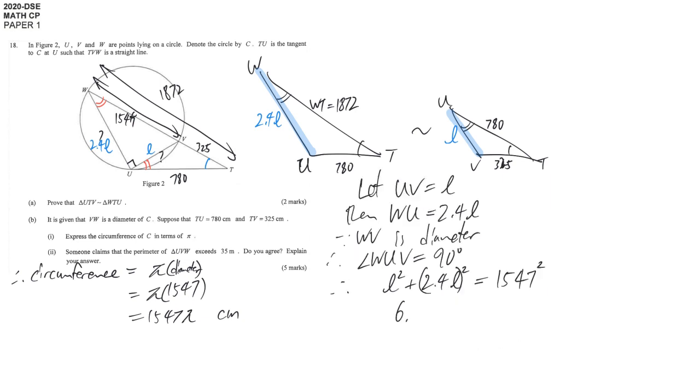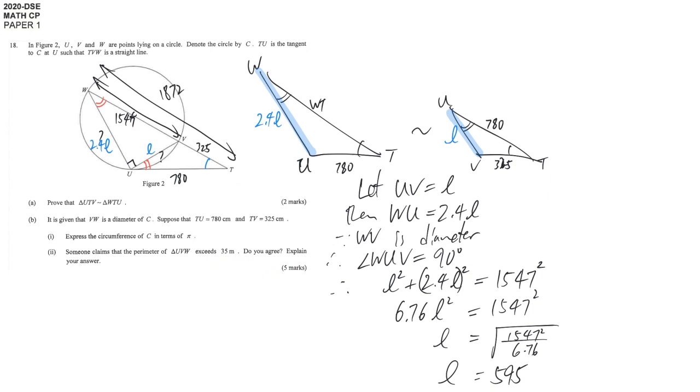So in total 6.76 L squared is equal to 1547 squared. We get L is 595. And then what is asked is about the total perimeter. So only getting L is not enough. We also need to get WU.